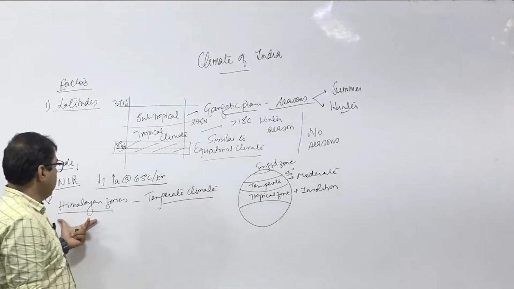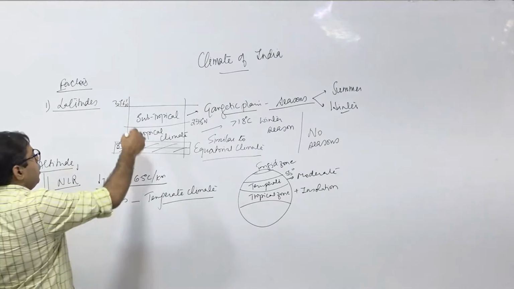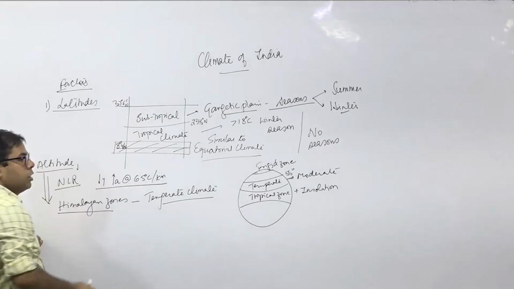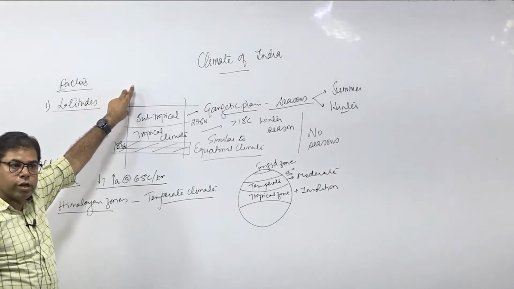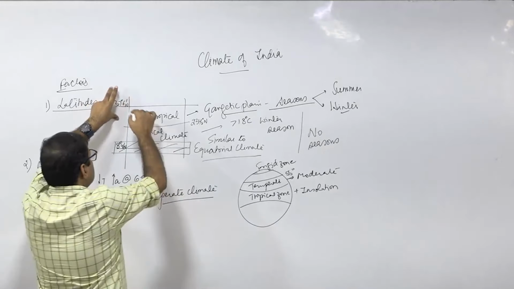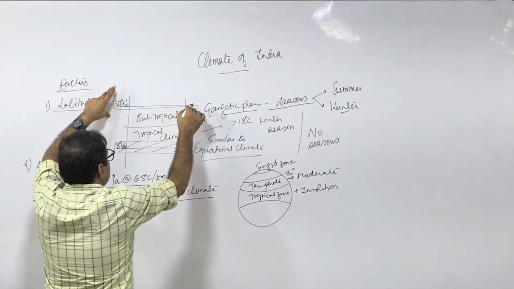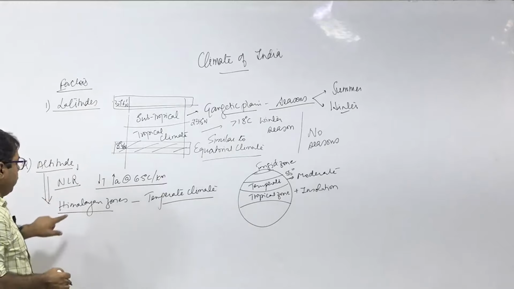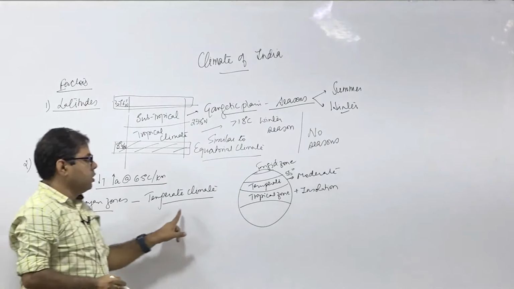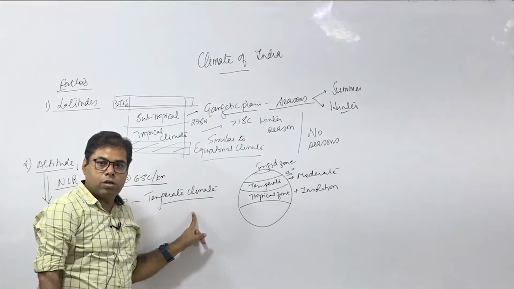So in the Himalayas, what is the extension of India? 37 degree 6 minute, but this zone is also in the subtropical region. Are you getting me? The Himalayan zones also come in the subtropical region latitudinally, but because of altitude there is a temperate climate. Got it or not?